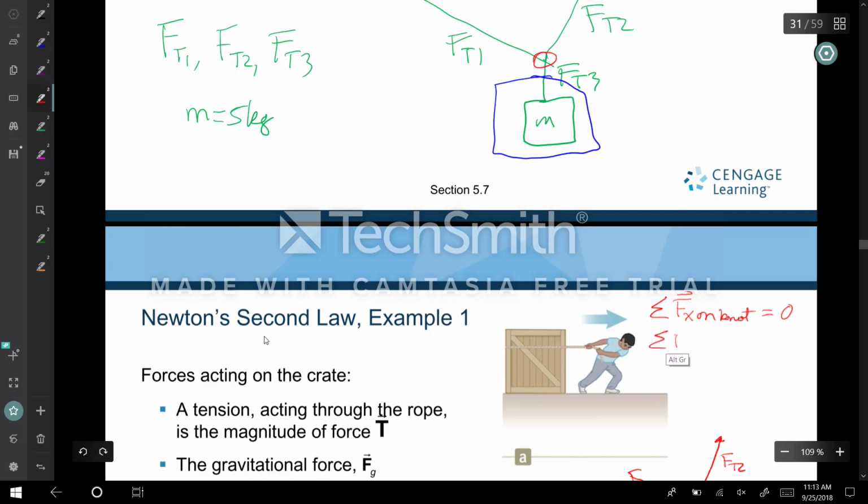Sum of the forces in the y direction on the knot equals 0. I have two unknowns, FT1 and FT2. Mathematics says that to solve for two unknowns, you require two independent relationships. Here they are. The sum in the x direction is 0. Sum in the y direction is 0.